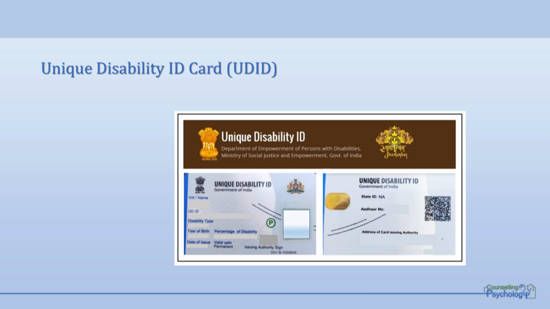The procedure for procuring this card is available on the Government of India website. We have to make the society aware of the RPWD Act and the benefits that these individuals with disabilities can get as per the government scheme.